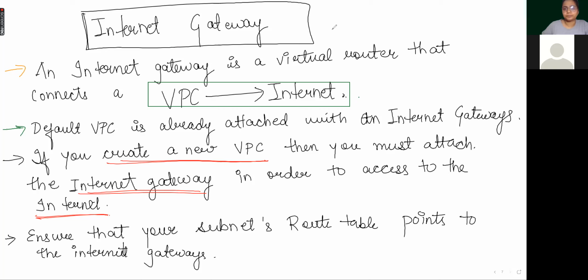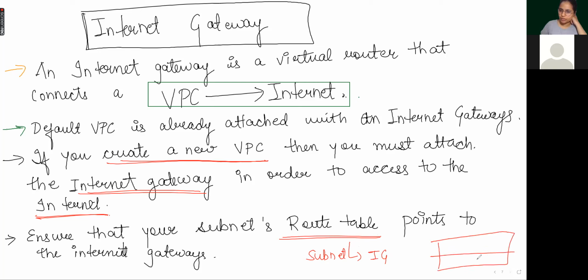They are saying that inside the routing table also you have to specify that you are connecting your subnet, that is inside the VPC, with the internet gateway. So in the routing table also you have to specify, at this destination, that our target is the internet gateway.